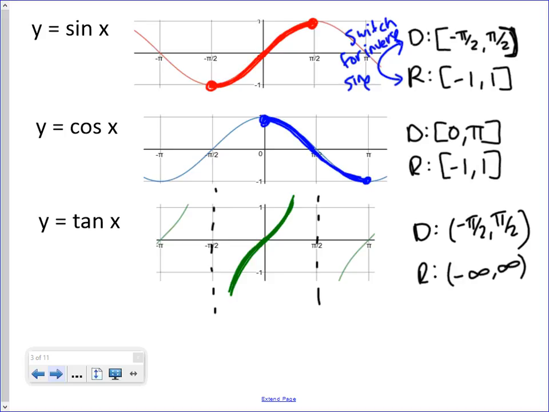But the answers that you give me will be just like the answers to sine. They can only exist between -π/2 and +π/2.